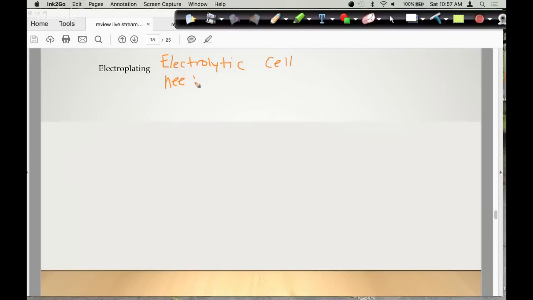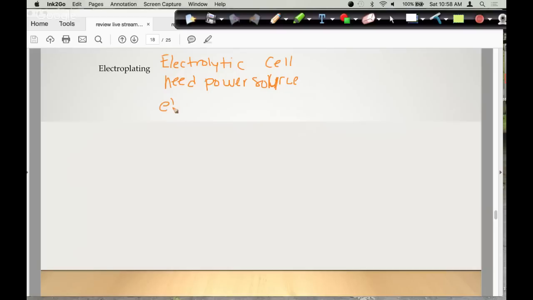Electrolytic cells need a power source because they are non-spontaneous, which means that you'll usually see a battery or a power source here.